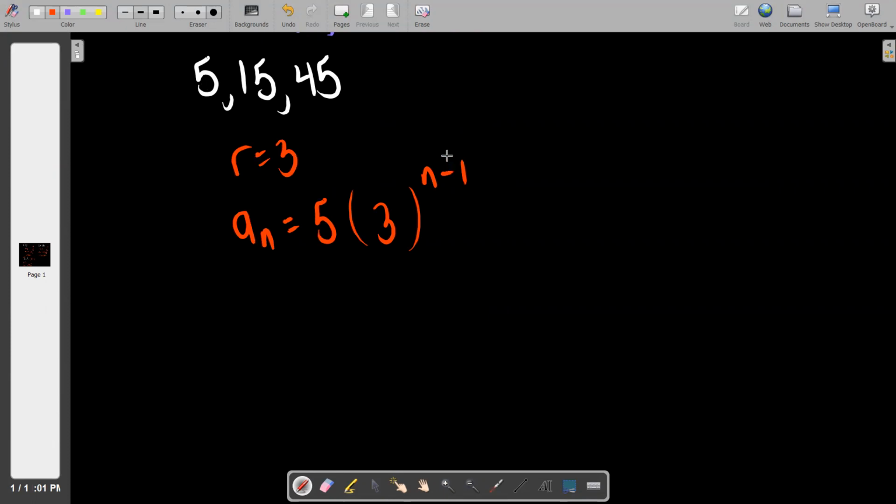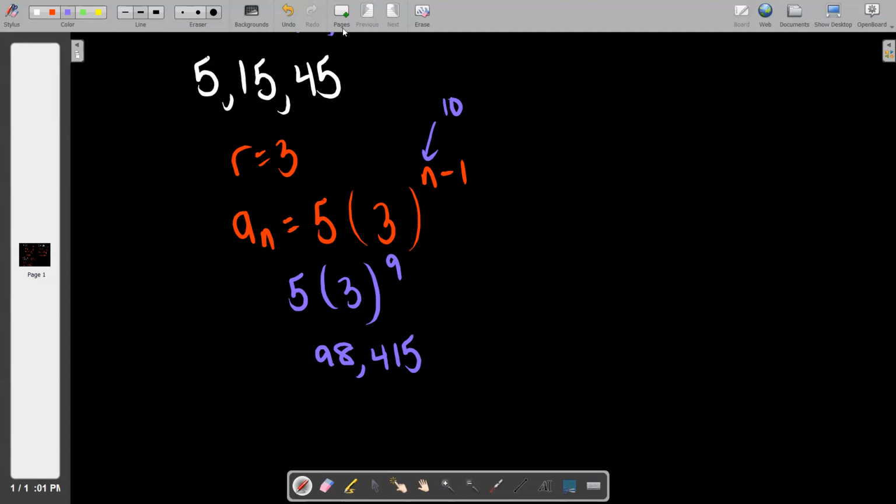And we are asked to find the 10th term. So we're going to put 10 right in place of n. So what we type in our calculator is 5 times 3 to the 9th. And when we type that in, we should get a final answer of 98,415.